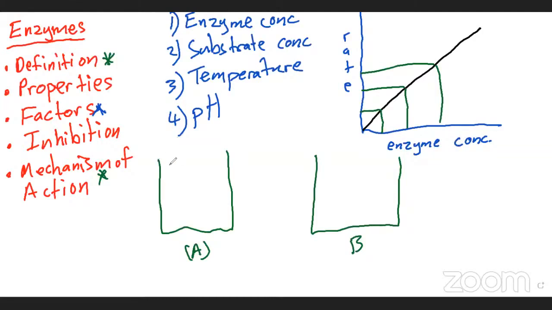So let us say we have 3 substrate molecules. These are the substrates in the container. All right, 3 substrates in each of them. So the substrate concentration must stay constant. Now the enzyme concentration, I'm going to put 2 enzymes in this container.